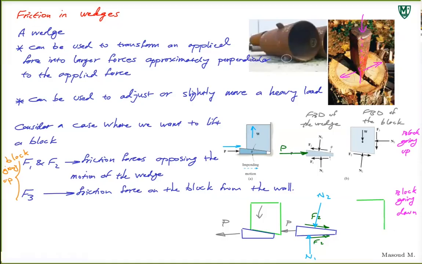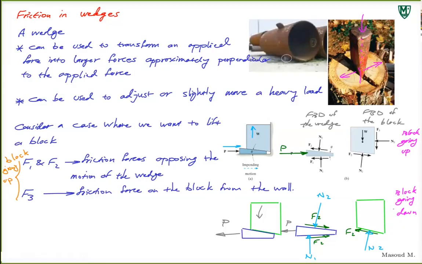If you look at the free body diagram for the block, in this case, a couple of things don't change. This friction now would be in this direction because if on the wedge it's to the right, on the block it should be to the left, right? So the F2. Normal is still normal. This would have been N2.